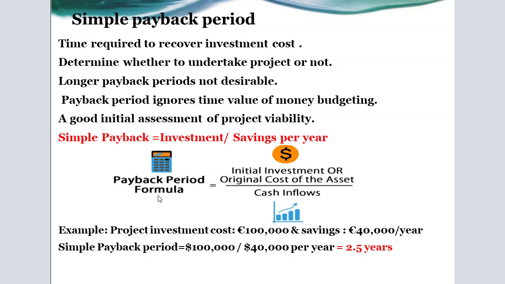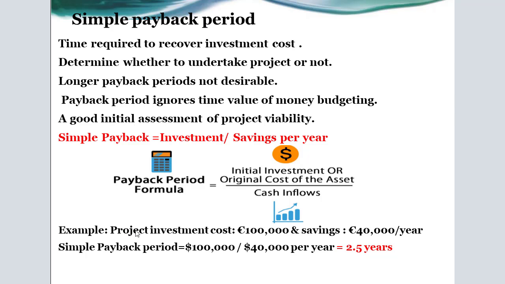Here we have a more detailed form of the equation, the payback period formula, which equals the initial investment or original cost of the asset divided by the annual cash flow. And this example illustrates the calculation.